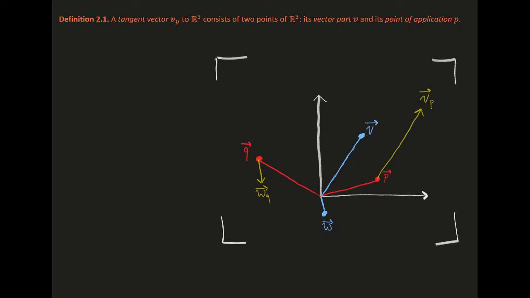The first tangent vector is V sub P, which starts at the point P, and then it continues in the direction of V for the length of V. Then we have the tangent vector W sub Q, emanating from the point Q in the direction of W for the length of W. And we will refer to V sub P and W sub Q as our tangent vectors in general.